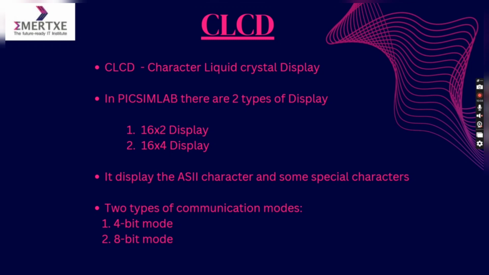In Pixim Lab, there are two types of CLCD available, 16:2 and 16:4. These numbers indicate the number of columns and rows of characters that the display can show. For example, a 16:2 display can show up to 32 characters in 2 lines, while a 16:4 display can show up to 64 characters in 4 lines.